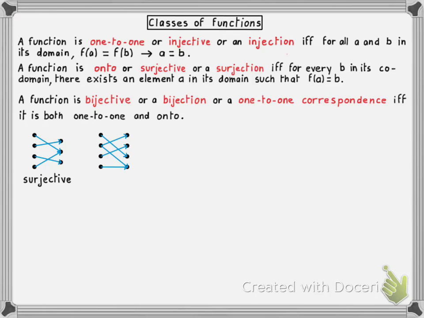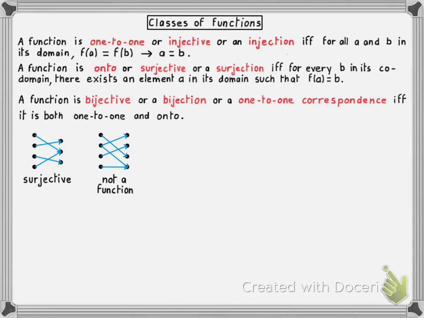Here it is. Now, please pause the video and figure out which kind of function this is. Okay, now that was a trick question. I hope you saw that. This is not even a function. Why? Remember, a function is a relation that to each element in the domain associates exactly one element in the codomain.